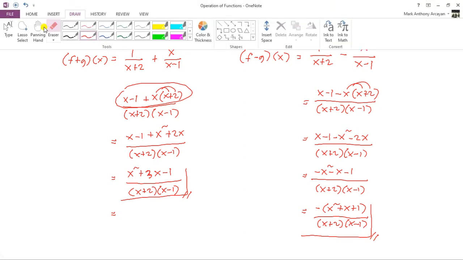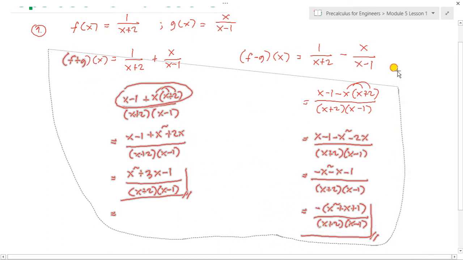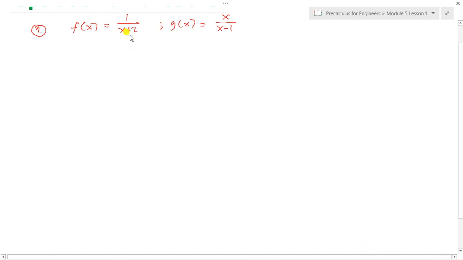Now let's jump to multiplication. So we have here again f dot g, so it's not a circle, it's a dot.